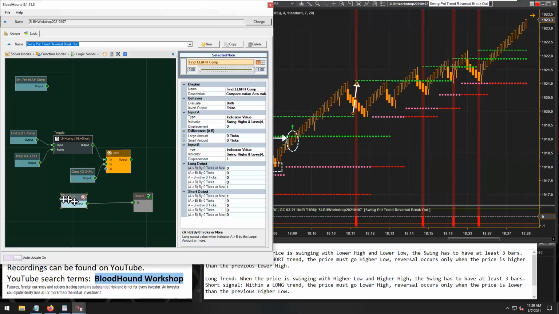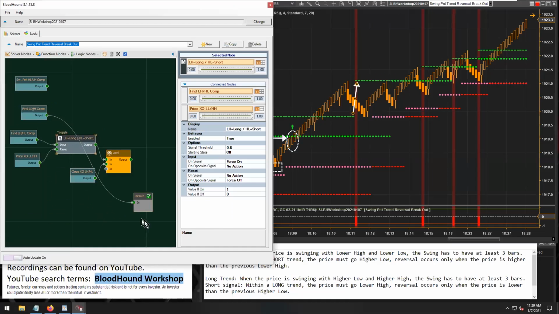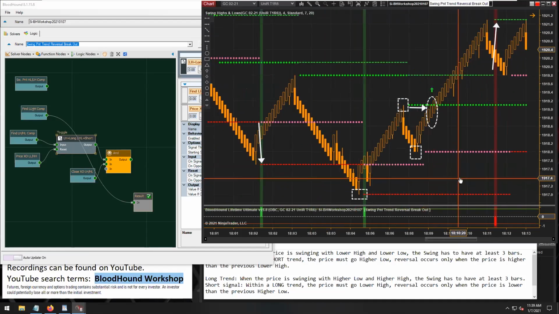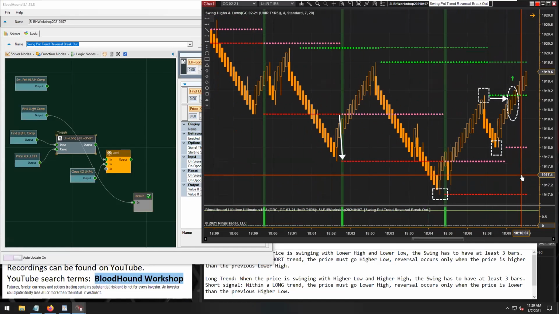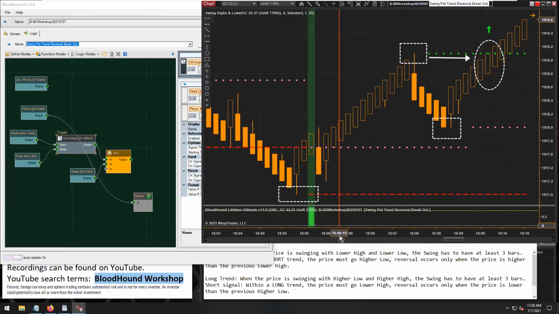Now we just need to incorporate this back into our filtering. If we go back to where we have a long signal here, this long signal is the first thing that we identify.